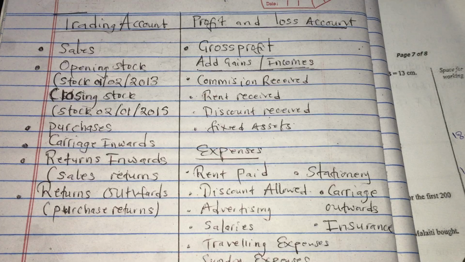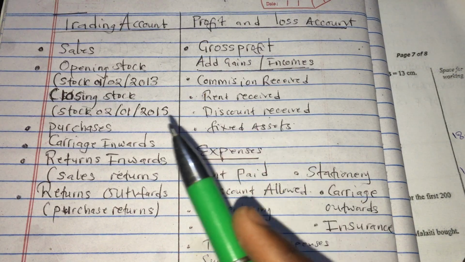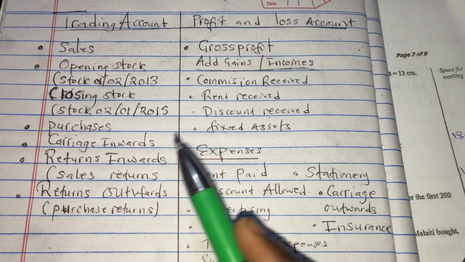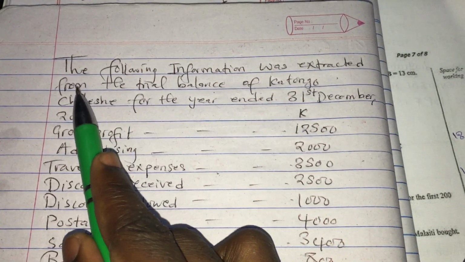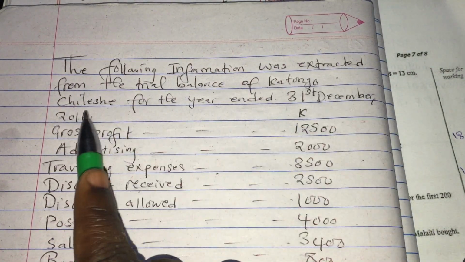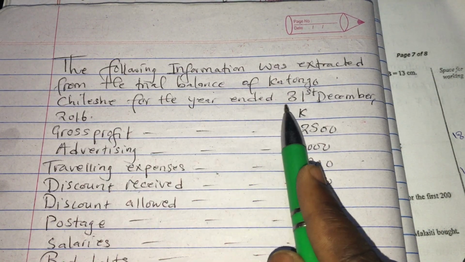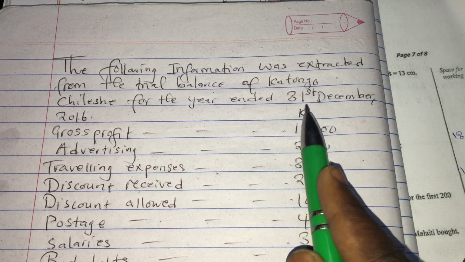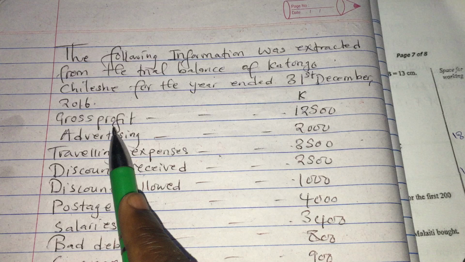So now we proceed to the profit and loss. All right, so we also have a question. It says the following information was extracted from the trial balance of Katongo Chileshe for the year ended 31st December 2016. We do have the gross profit.